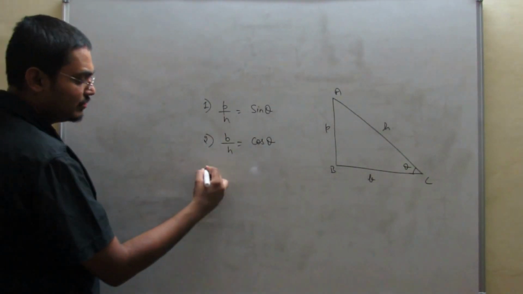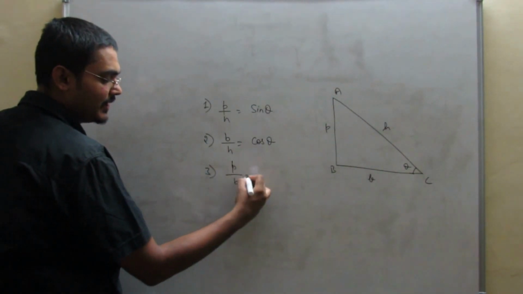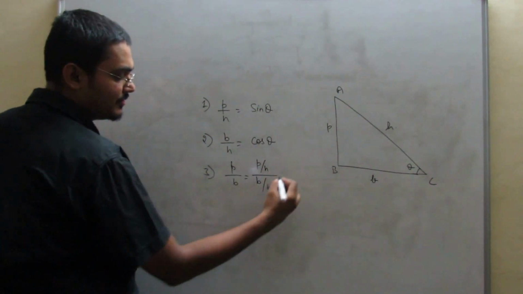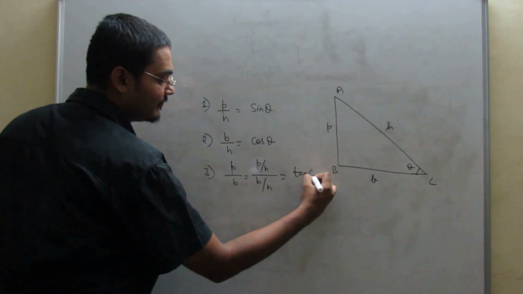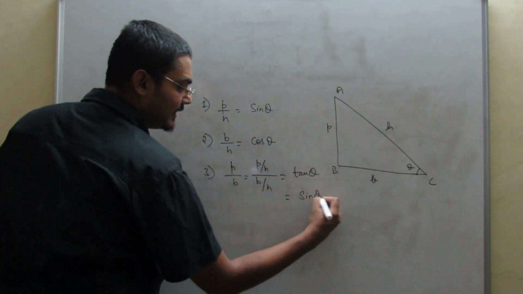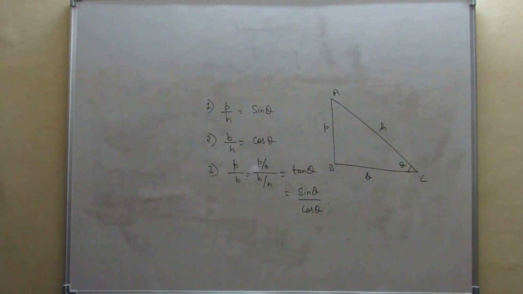If I divide these two, I get perpendicular upon base, right? That is perpendicular upon hypotenuse, base upon hypotenuse, hypotenuse gets cancelled with hypotenuse. I get tan theta. So I can write tan theta as sine theta upon cos theta.